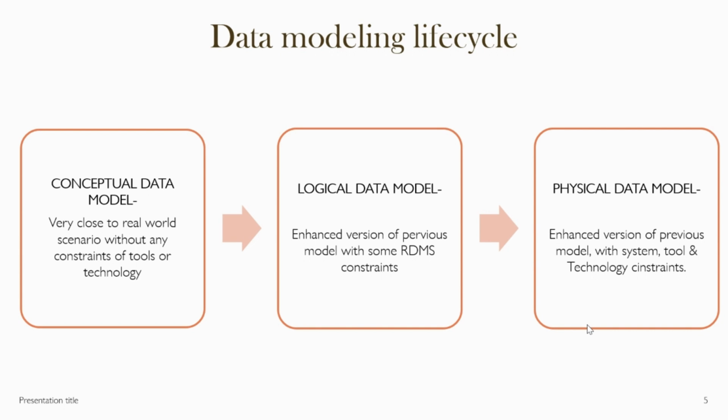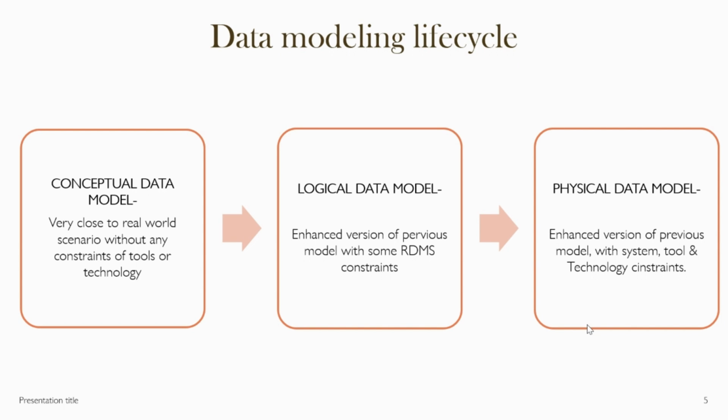We have some rules, like we should not have any duplicate data in the database. All the different columns should always be identified by only one primary key. When we bring all these different rules into the picture, that is the logical data model. And the physical data model is again the enhanced version of the logical data model, but it will have the tools and technology constraints.